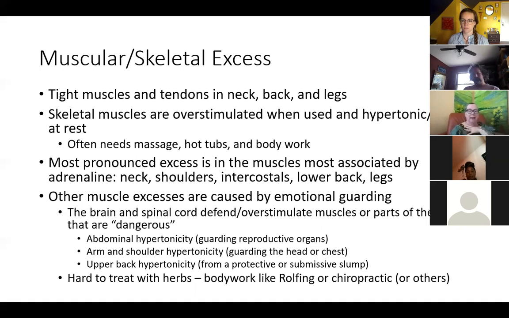I have seen a rolfer throughout my life, and that rolfer is also a therapist, so that when I hit those emotional places, there's someone there that can actually deal with it and help me through it and to the other side. Mm-hmm.